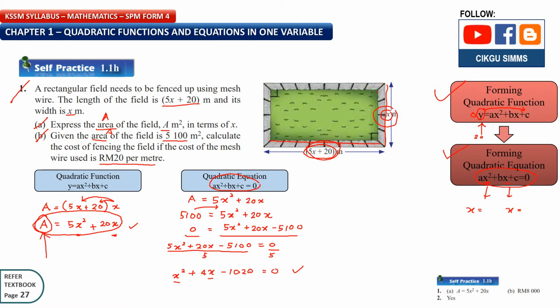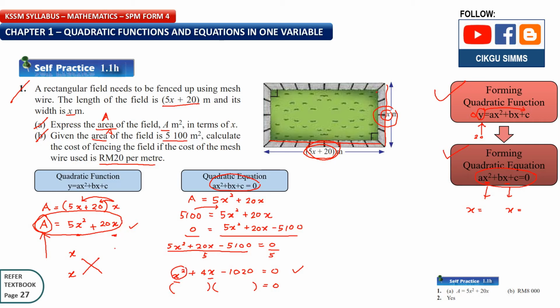Now this is a quadratic equation, so I need to factorize it to make two brackets. Here x times x is x squared.